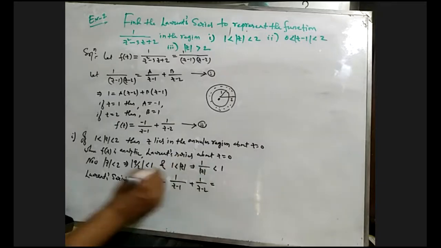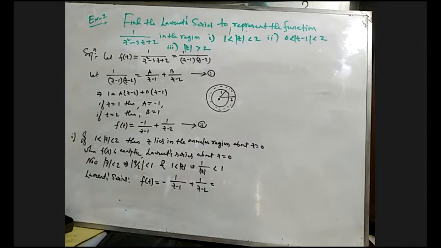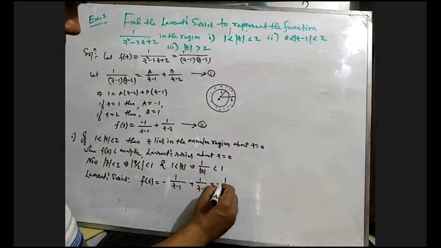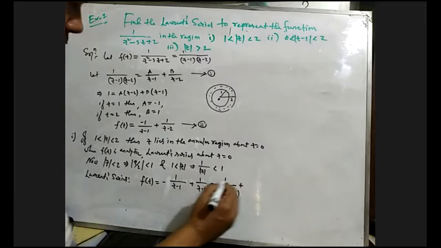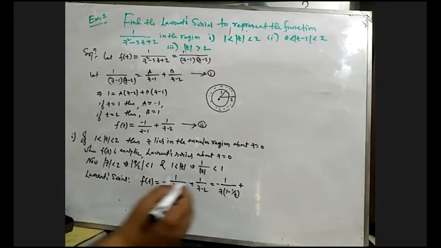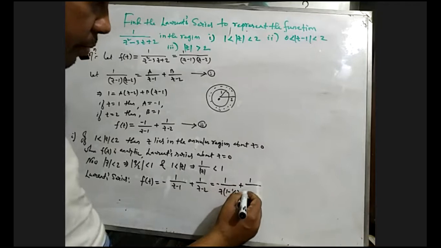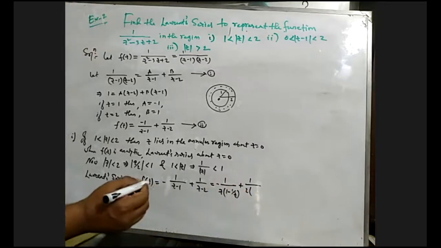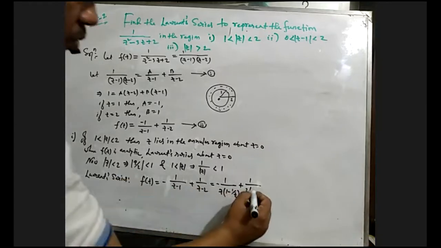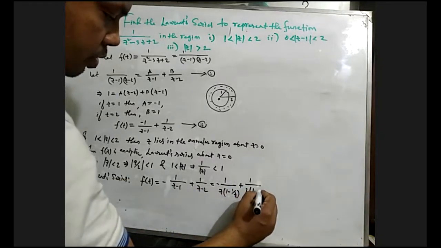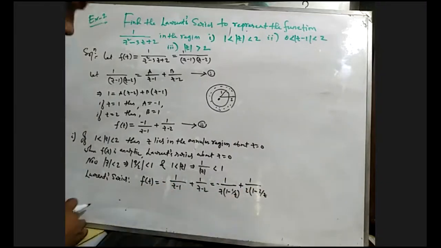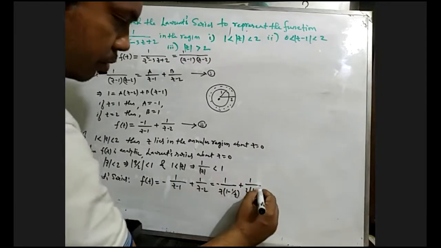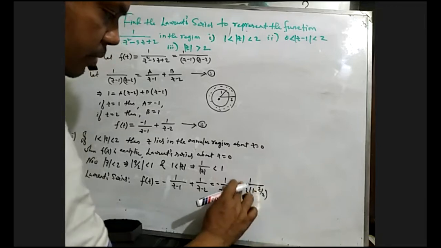This can be written as minus 1 divided by z minus 1, and if we take z common, 1 minus 1 by z, plus from the second one we take 2 common, 1 divided by 1 minus z by 2, and this becomes minus.